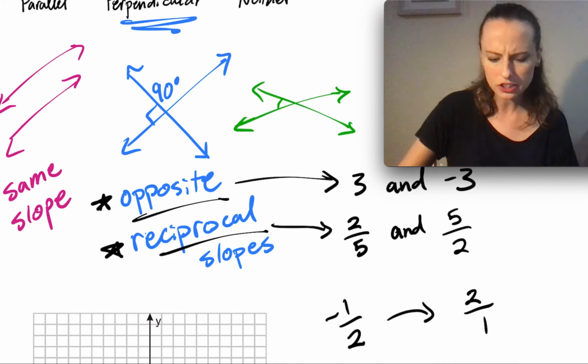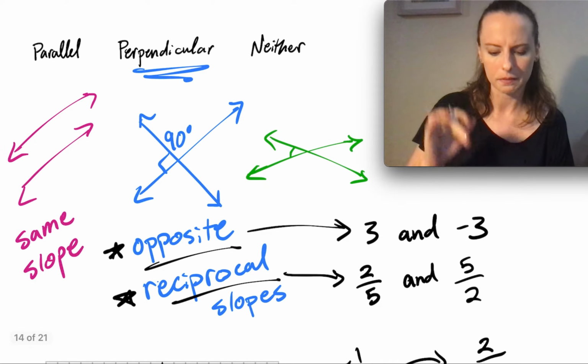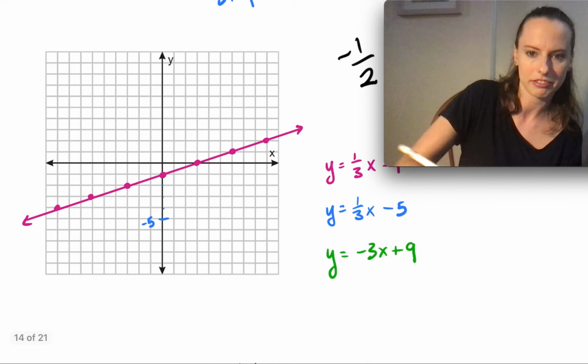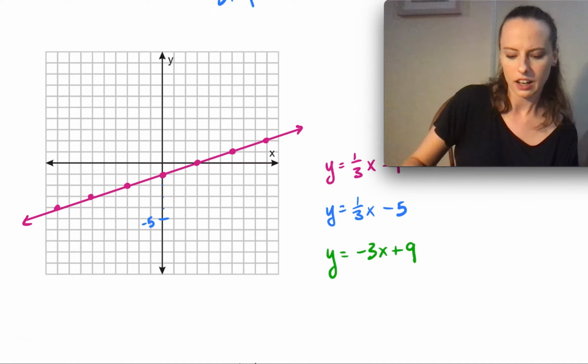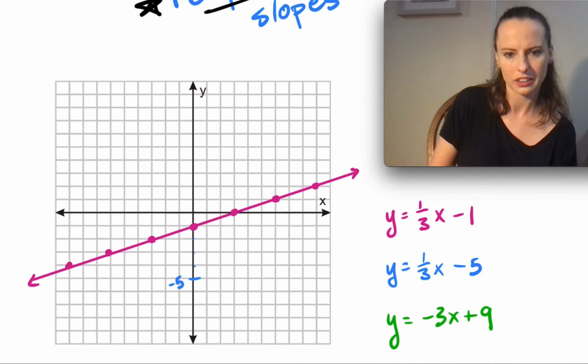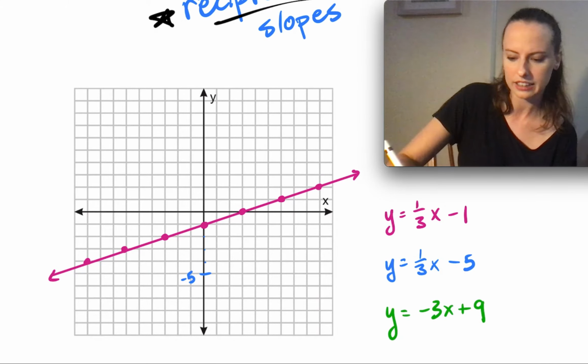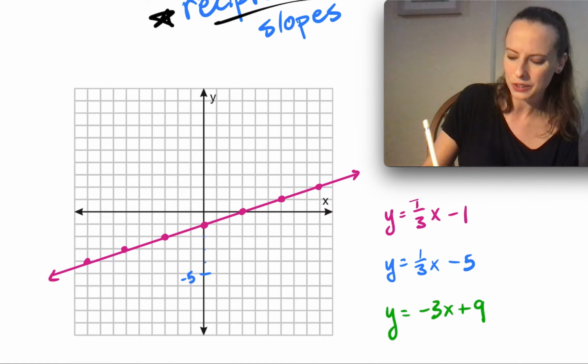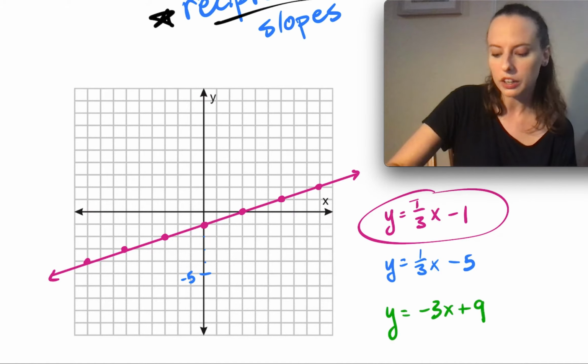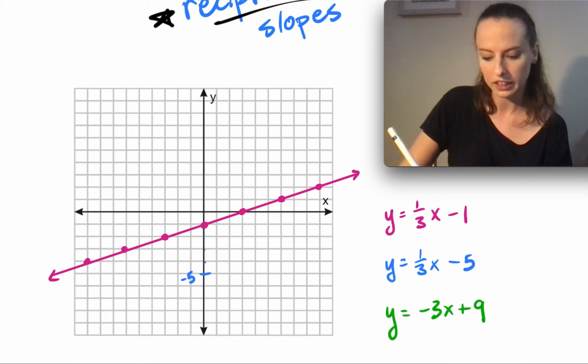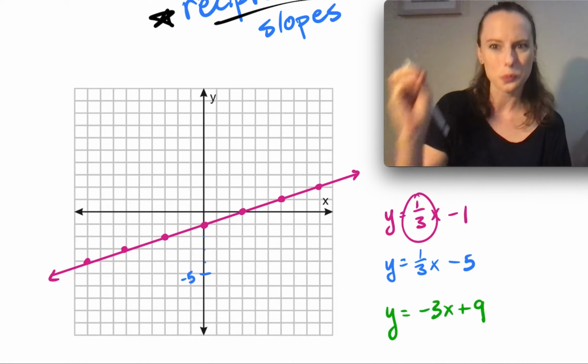All right, so I want to show you really quickly how this looks on a graph. So we've got a line graphed here on the page. Sorry, the pink line has an equation of y equals 1/3x minus 1. So our slope here is 1/3.